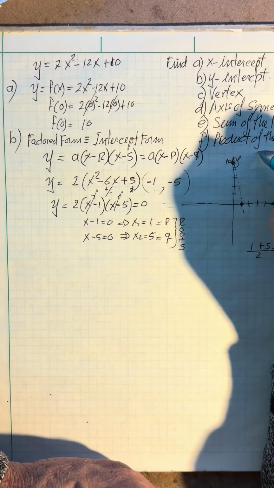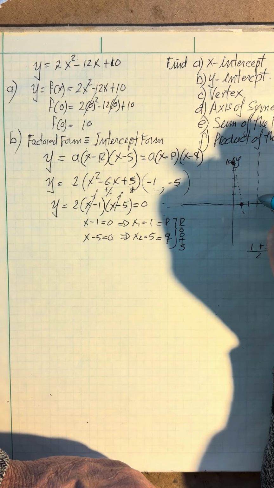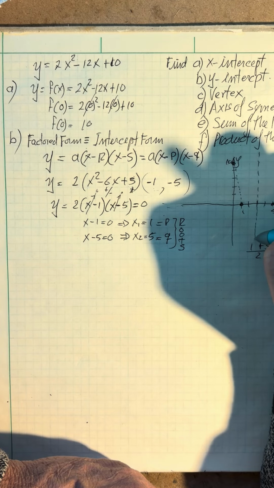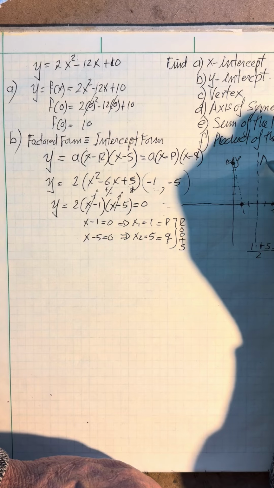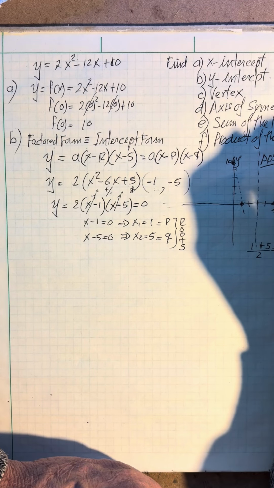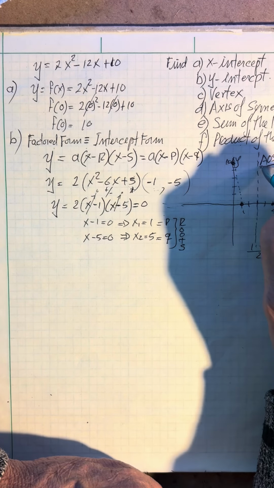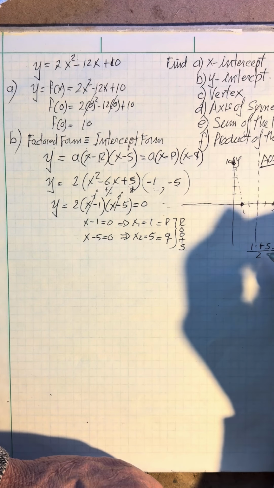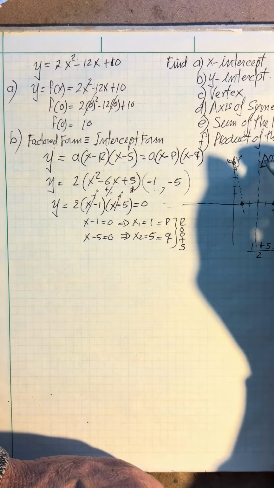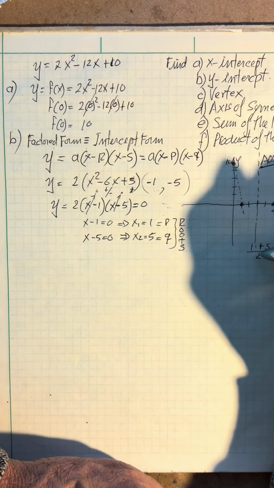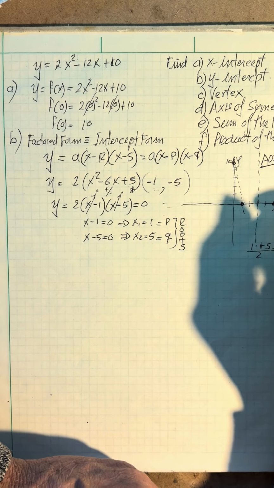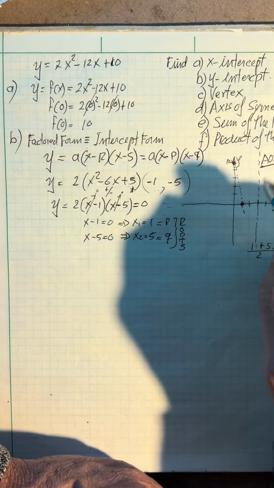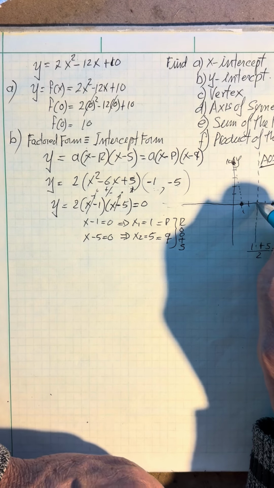So it's saying that the axis of symmetry is a line that passes through the vertex. So we still don't know where the vertex is. We know that the vertex is somewhere on three.